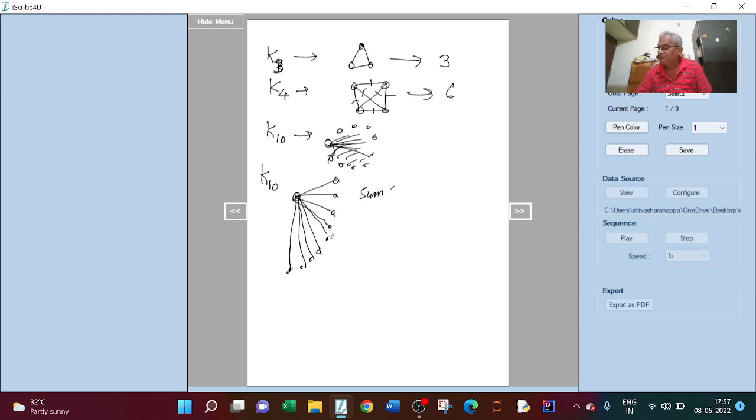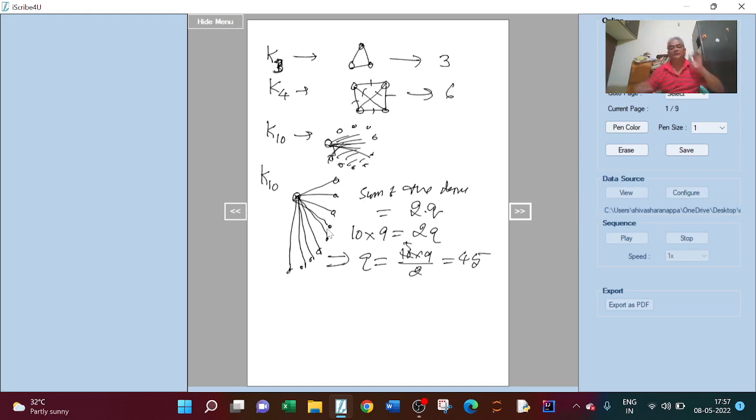In this case, the sum of the degrees is equal to twice the number of edges, that is the formula. Number of vertices is 10 and degree of each vertex is 9. So 10 into 9 is equal to 2 into q. This implies q is equal to 10 into 9 divided by 2, which is equal to 45.